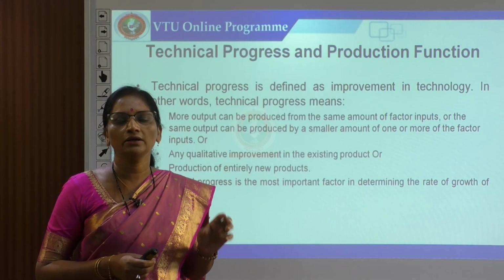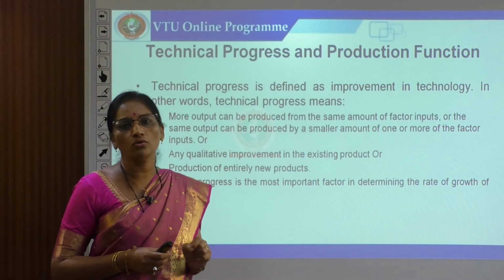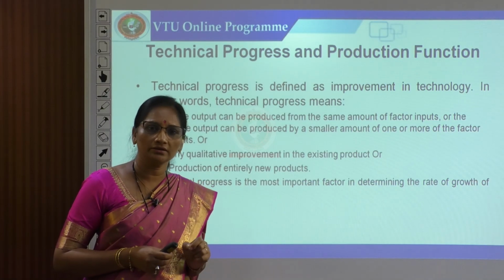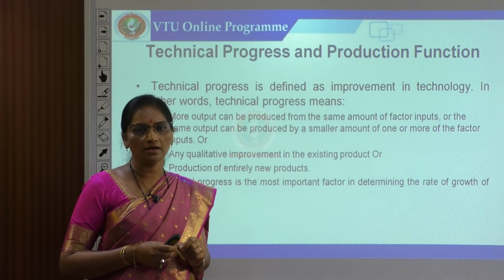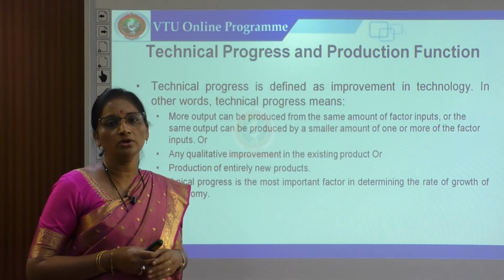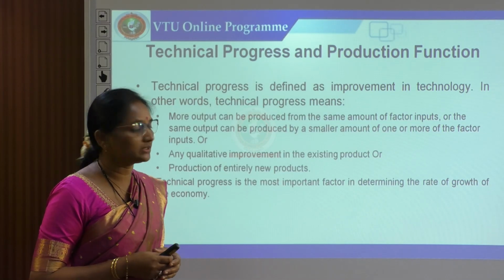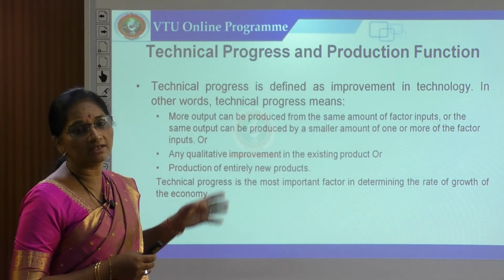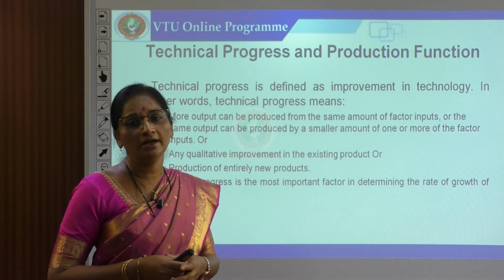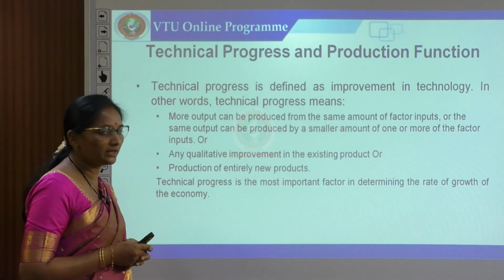They always want to improve their technologies. Their core intention is to concentrate on technological progression, because changes in technology help them in many ways to earn profit and develop their businesses. So we need to understand what technological progression is and how it affects the production function.